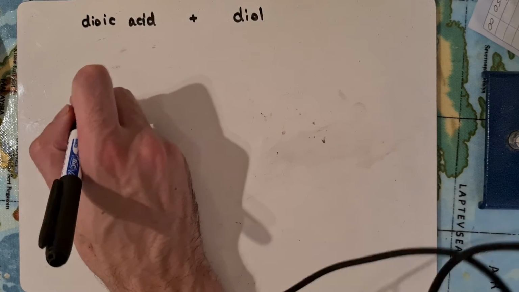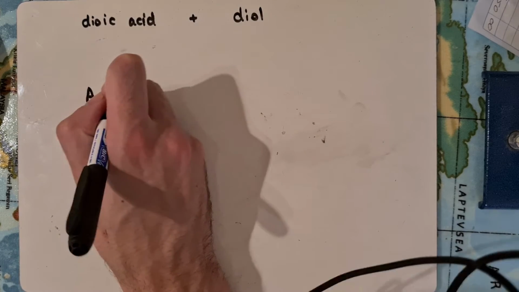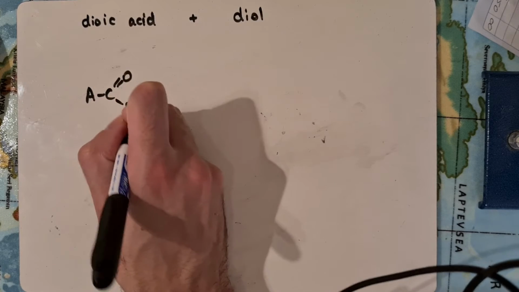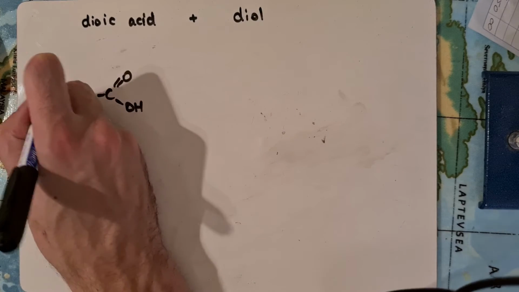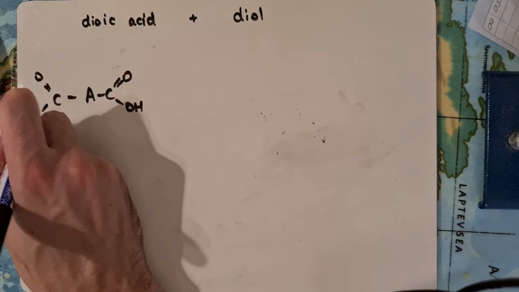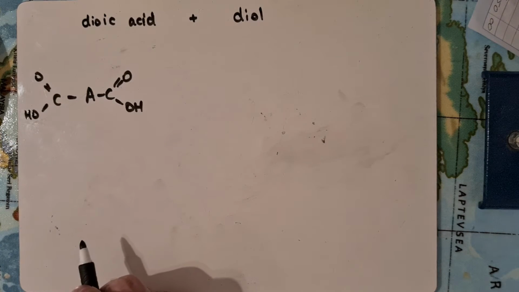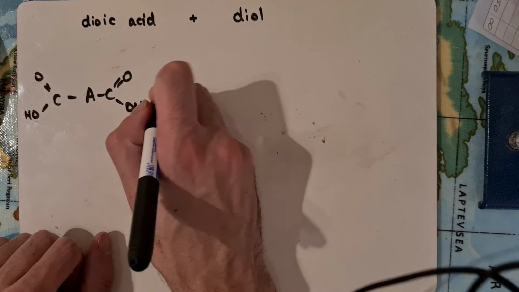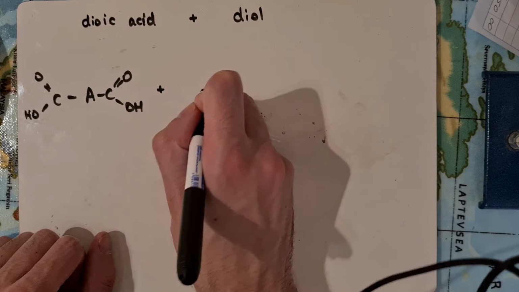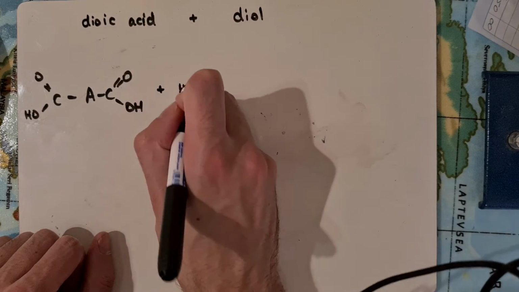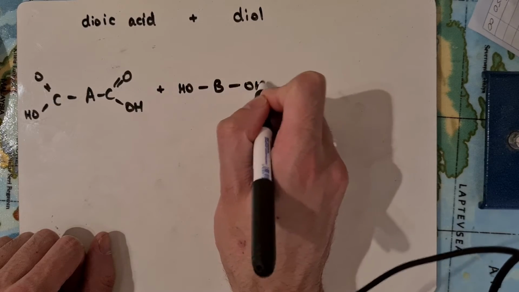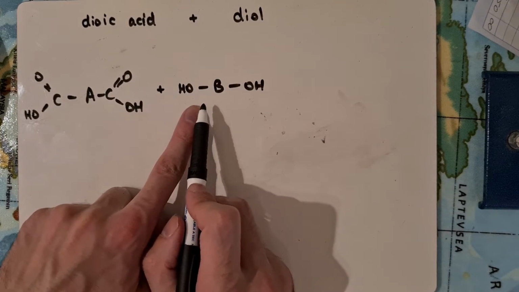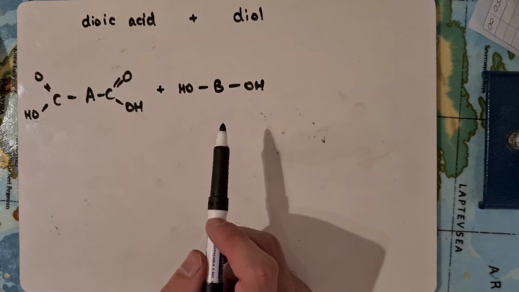And if I call the dioic acid A, so that's my dioic acid. It's got 2 carboxylic groups plus then my diol B, which is just going to have OH on either side.